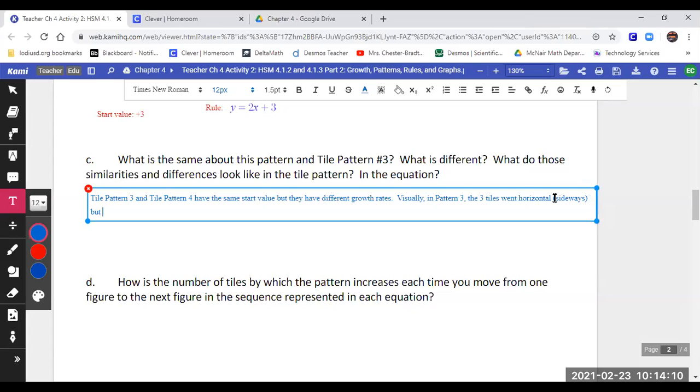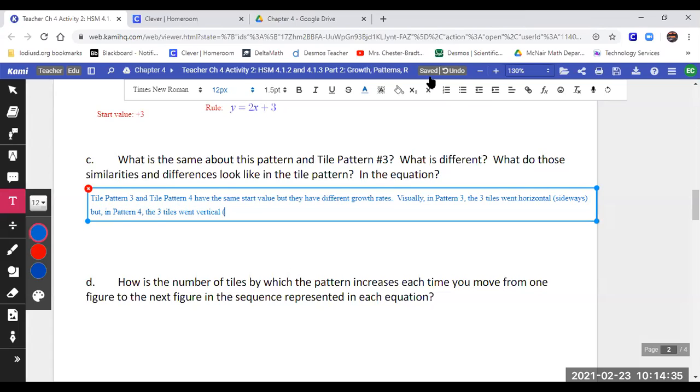But, put a comma. Learning how to write in all things. In pattern 4, the 3 tiles went vertical.